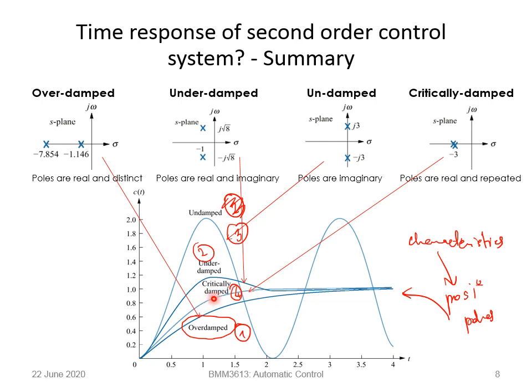It is in the middle, basically the critical point between overdamped and underdamped. There are two poles, but both of them are on the real axis at the same point.